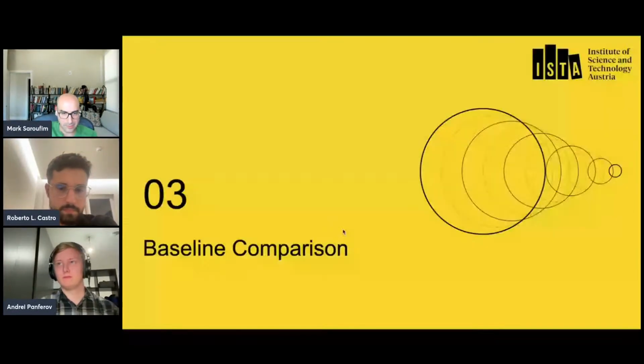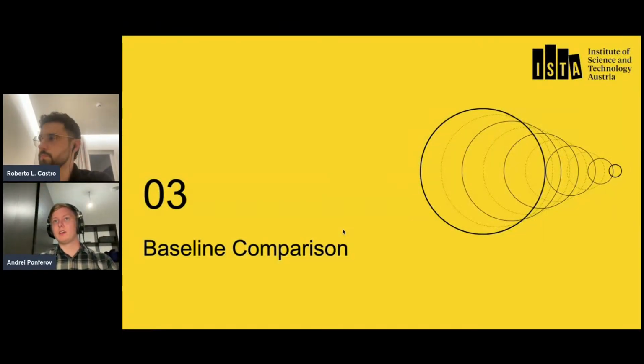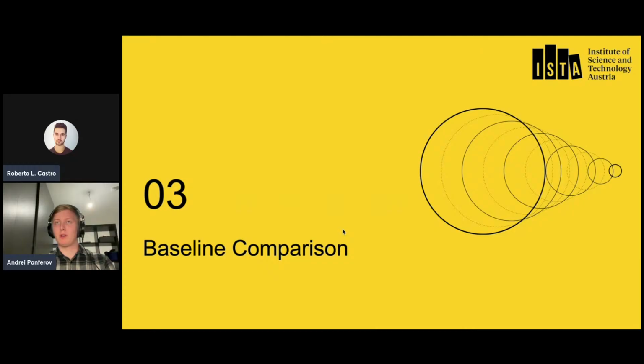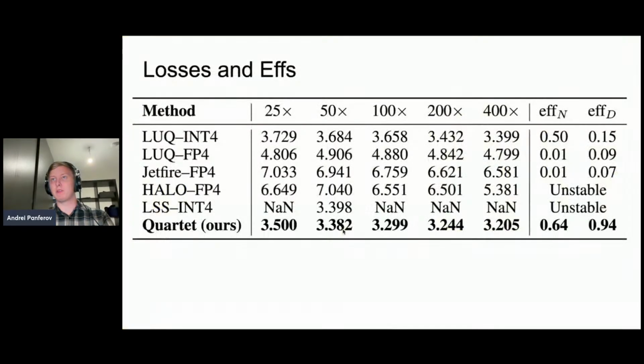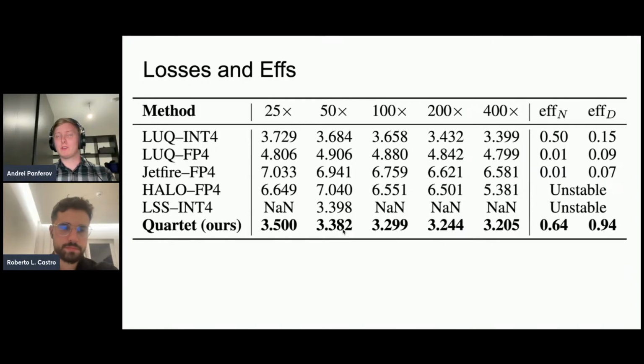Oh, sure. Yes, so at one point I already mentioned that we can use the effective multipliers from the scaling laws to compare methods that are the same precision, and this paper wouldn't be full without a proper baseline comparison. And to do this, we do exactly that. We pick a bunch of 4-bit methods that were proposed in recent years for 4-bit training of LLMs, or otherwise deep learning models that were adapted for LLMs.